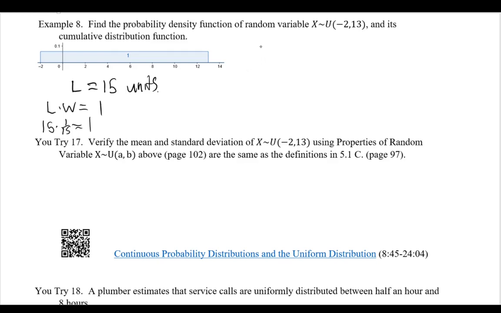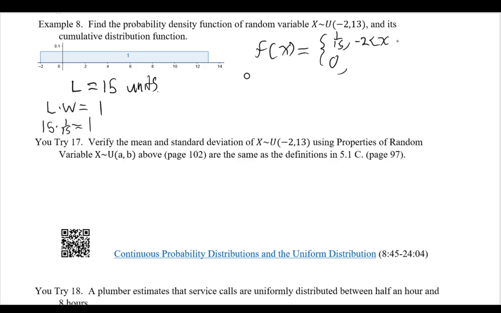So my PDF becomes little f of x equals 0 when x is greater than 13 and when it's less than -2. And it's going to be 1 over 15 when x is between the numbers -2 and 13.